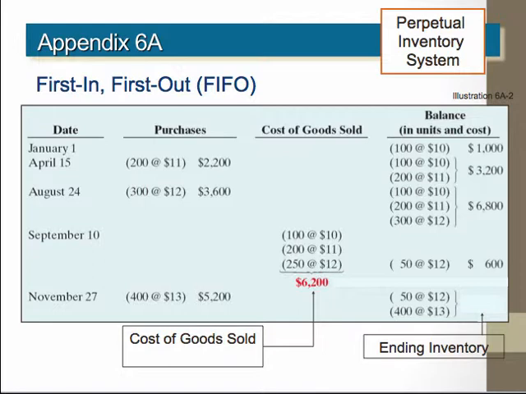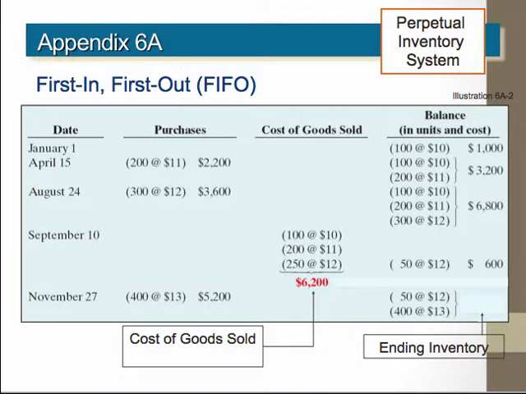Now when we take a look at the September 10th sale, not looking at the sales price, but rather at the cost. Because we're doing FIFO, we would have to cost out the inventory first in, first out. If we sold 550 items, we would have to take 100 items at $10, 200 items at $11, 250 items at $12, taking the oldest items first for costing purposes.